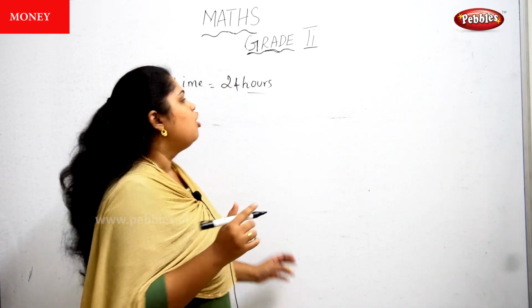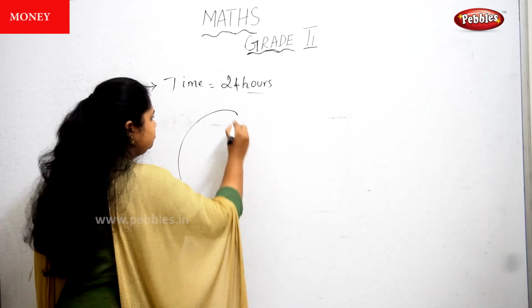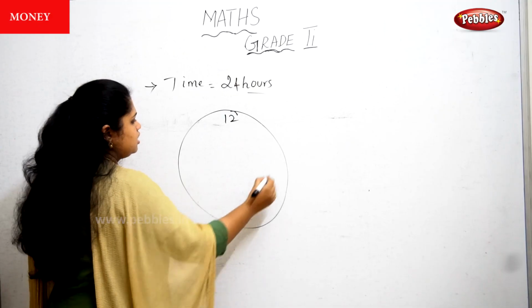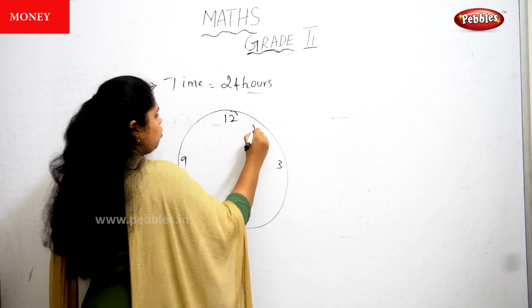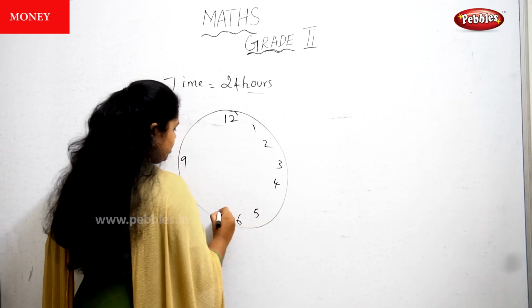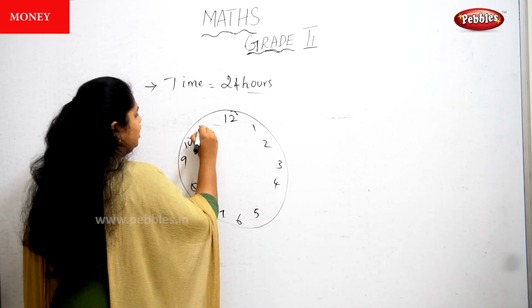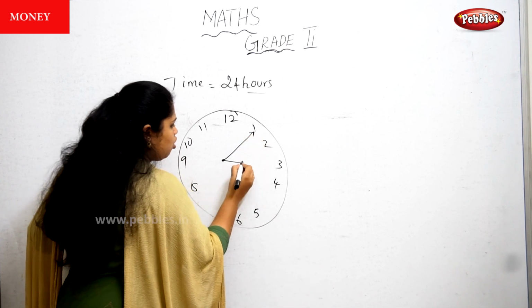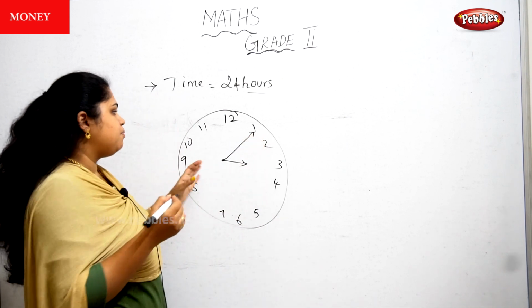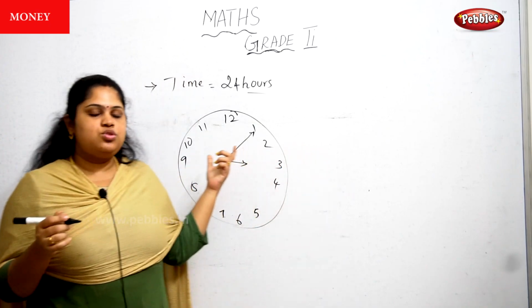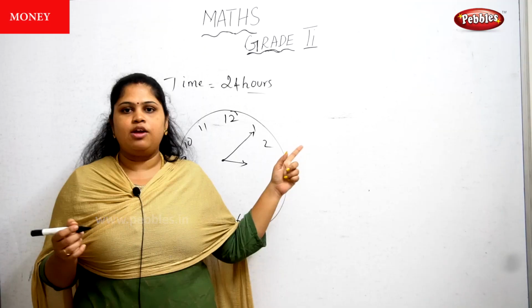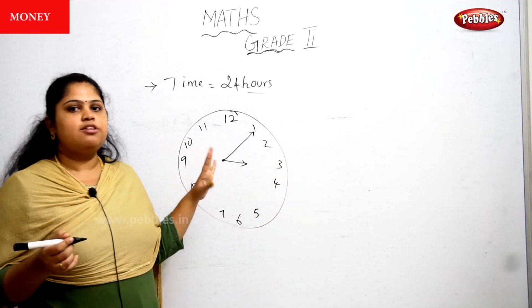For example, this is a clock. 12, 6, 3 and 9. 1, 2, 4, 5, 7, 8, 10, 11. See here, this is the big needle and this is the small one. Always we use the skip counting by 5 method for the big needle. If the big needle is showing its hand on 1, we say it's 5.